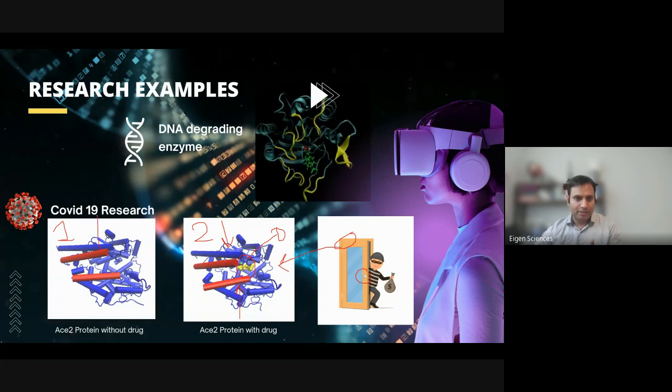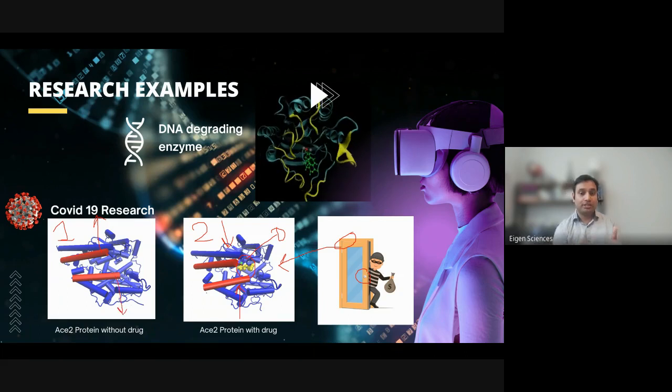In its absence, the door is opening. That's how this drug functions. It is closing the door so that the coronavirus cannot enter. Obviously, if coronavirus cannot enter, then COVID will not happen, and we can prevent coronavirus or COVID. Okay, so this is one of the researches.